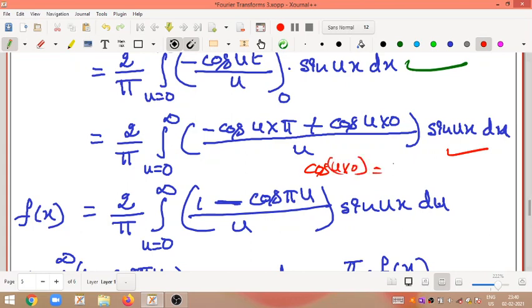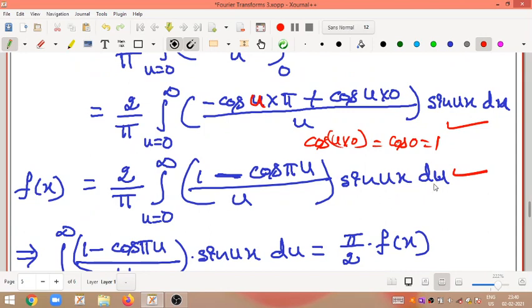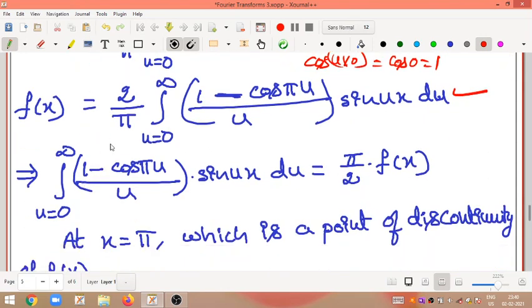Cos u·0, that is cos 0, is equal to 1. Next, here minus cos uπ, that is minus cos πu, into sin ux du. See here, now in the given question, f(x) is equal to this.